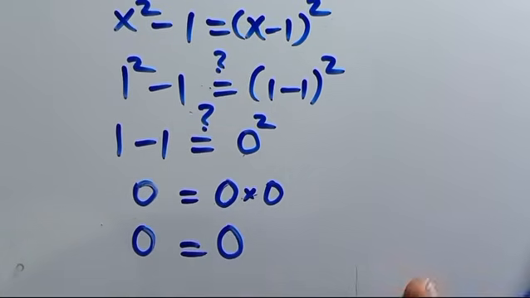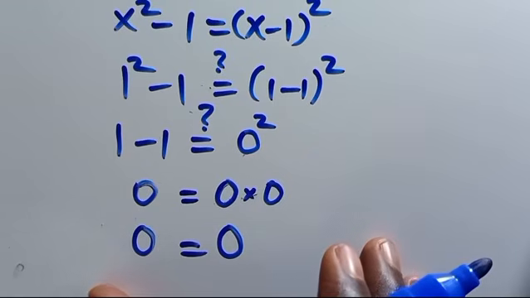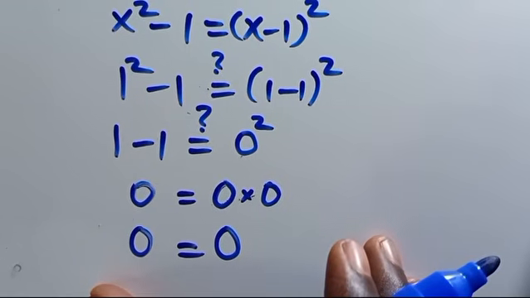This side will also be 0. So we have 0 equals 0.